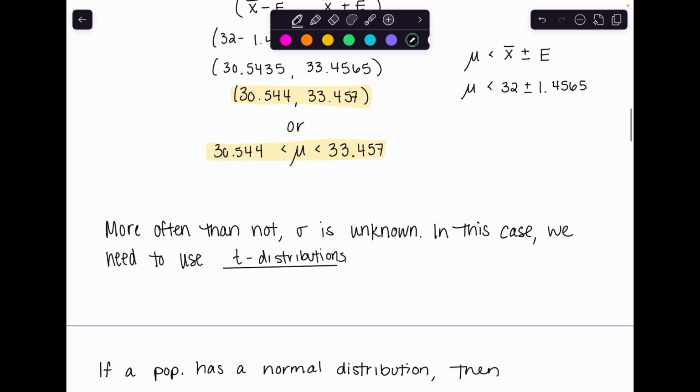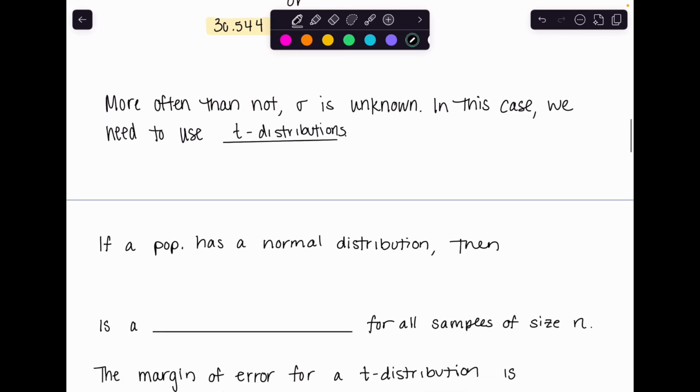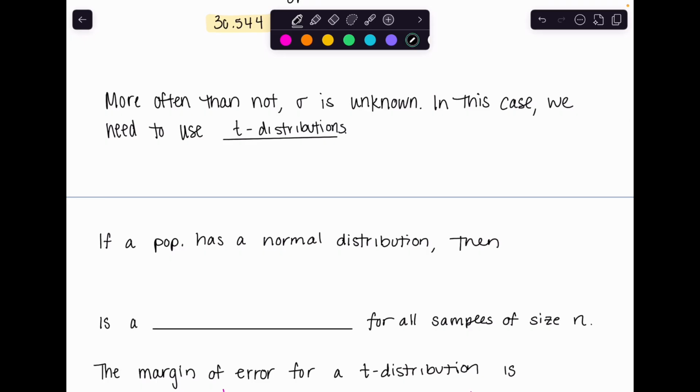So if our given population has a normal distribution, then the value of t, which is found by taking the sample mean, subtracting the true mean, and dividing by the sample standard deviation, which is S over square root of n, follows a student t distribution.